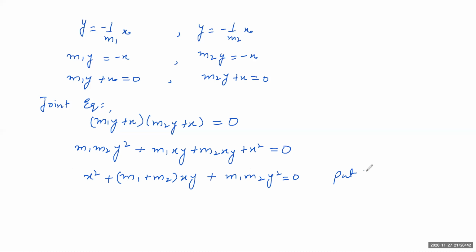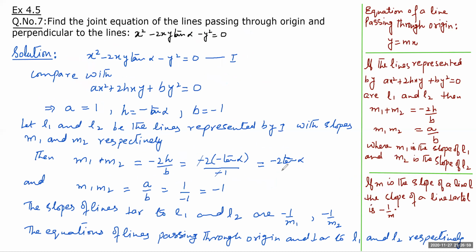Now, put the values of m1 plus m2 and m1 m2. What were these values? Let's get back and see. The value of m1 plus m2 was 2 tan alpha and the value of m1 m2 is minus 1.